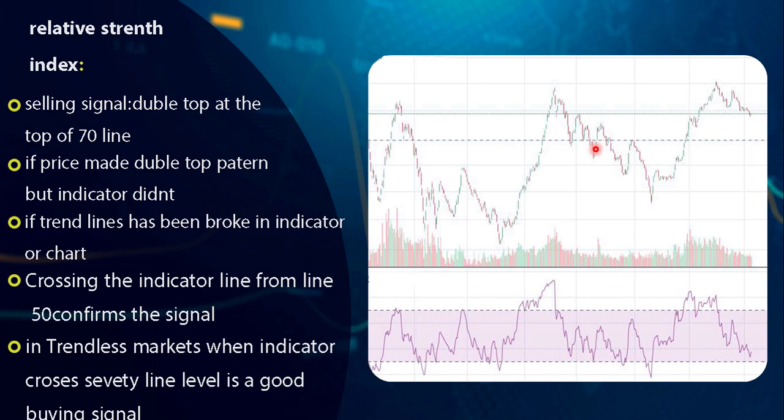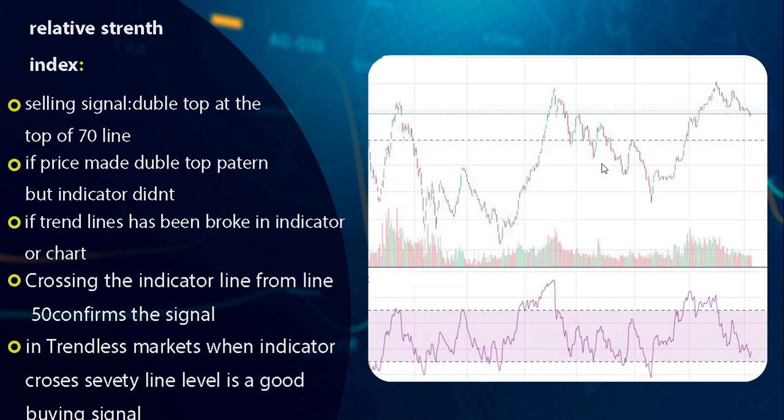We can see the price has a downward trend and the indicator didn't give us a buying signal. And this is another type of selling signal that we can get from this indicator.